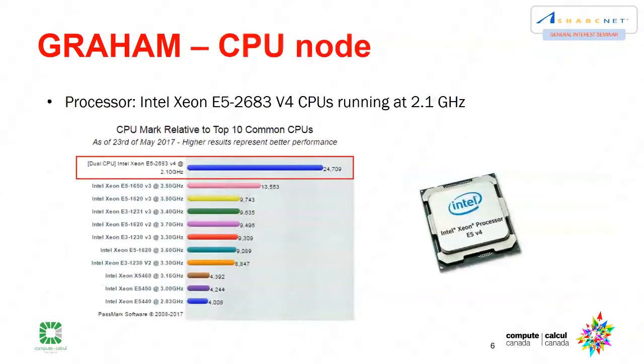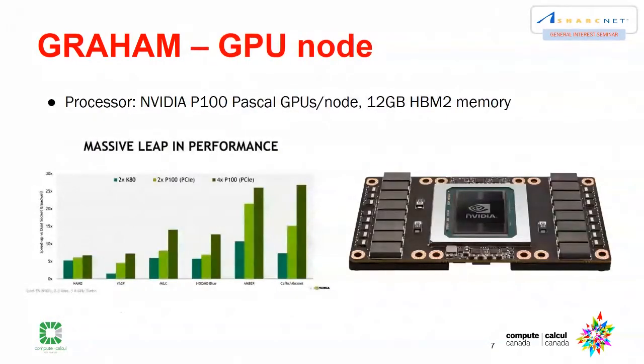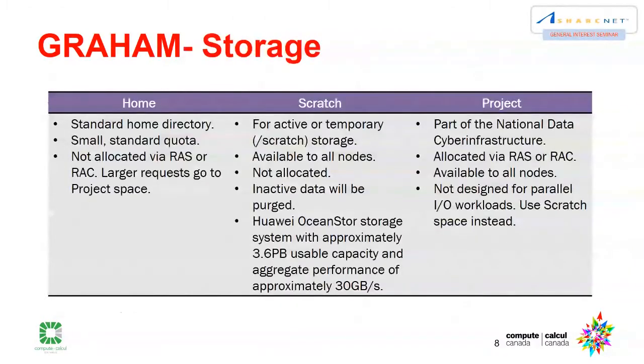This is brief information about the CPU. We have Intel Xeon chipsets on the CPU nodes. We have NVIDIA P100 Pascal GPU nodes. And as I mentioned, we do have some storage. We're going to go over file systems later. We have a home directory, scratch directory, and project directory.